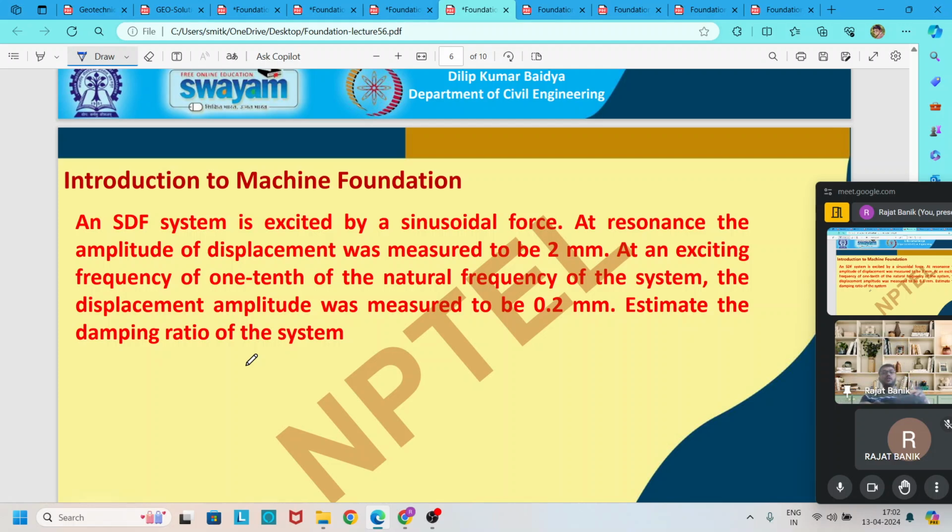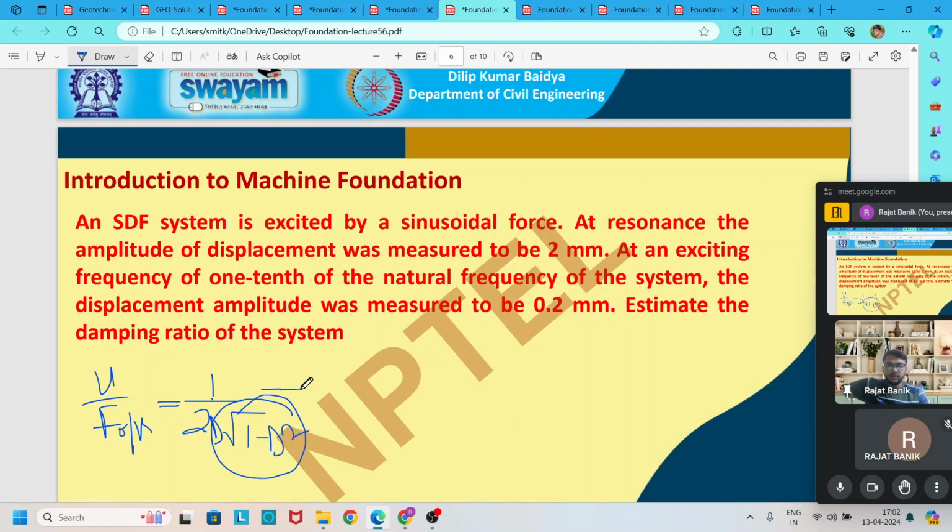So it is similar. We know that the amplitude ratio is equal to 1 by root over 2t root over 1 minus t square. For simplicity, we neglect this term, so this remains 1 by 2d at resonant frequency. So at resonant frequency, u is equal to 2 mm.